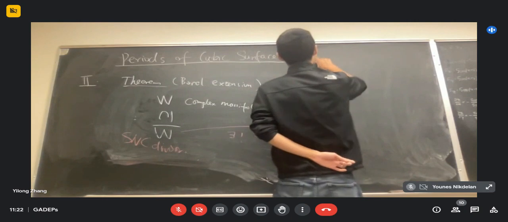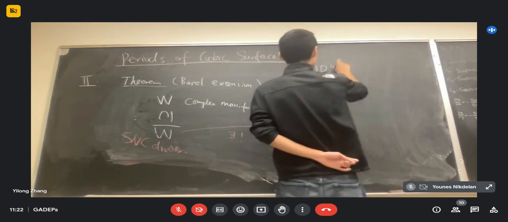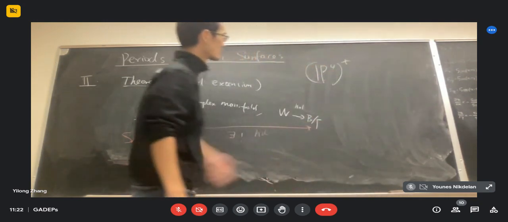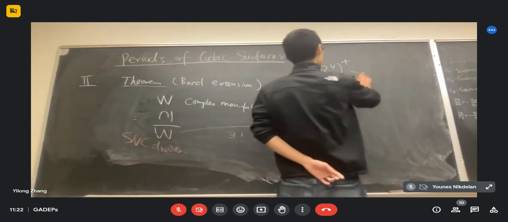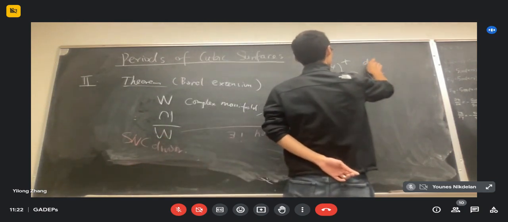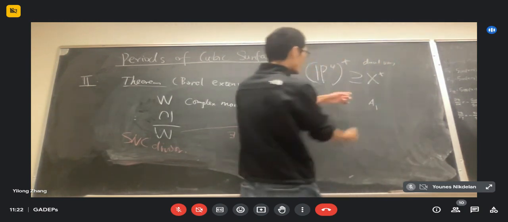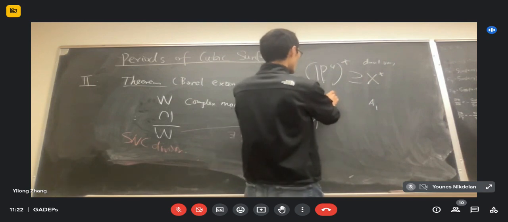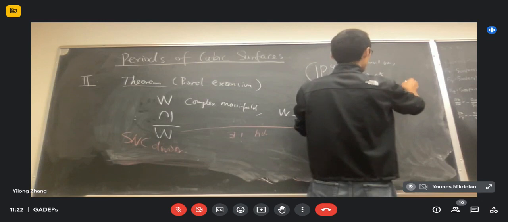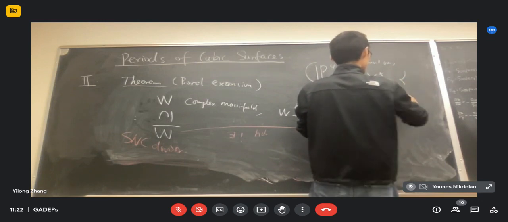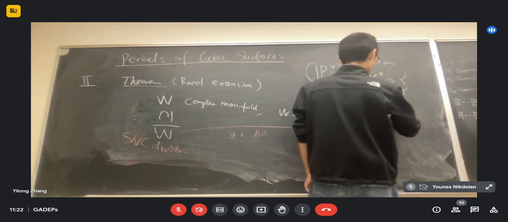So in our construction, first of all, let's just take our base space P4 dual. So this is codimension 1, the dual variety. Generically it's only A1 singularity, so here it is generically smooth. For codimension 2 things, it's going to be a cusp, like an A2 singularity, and also some A1 times A1.